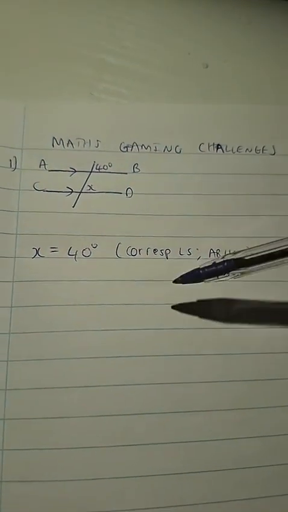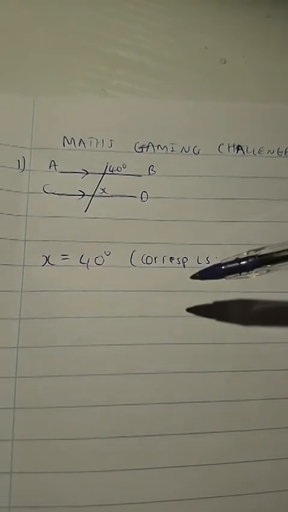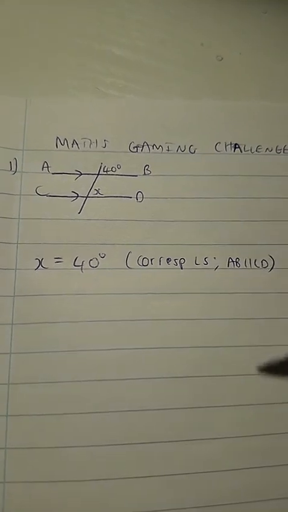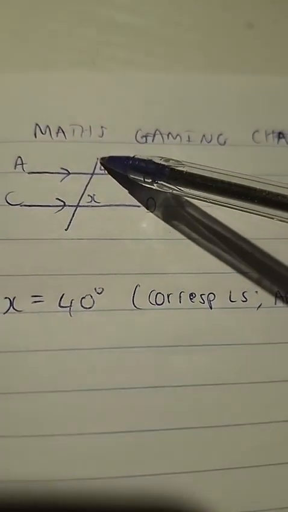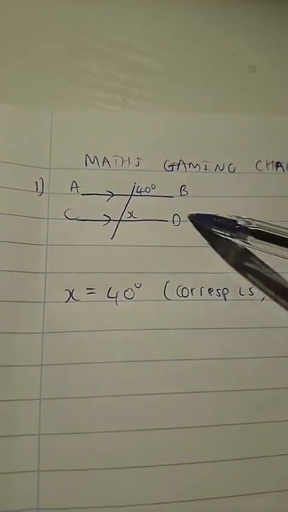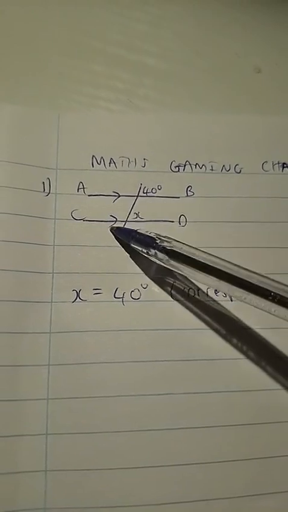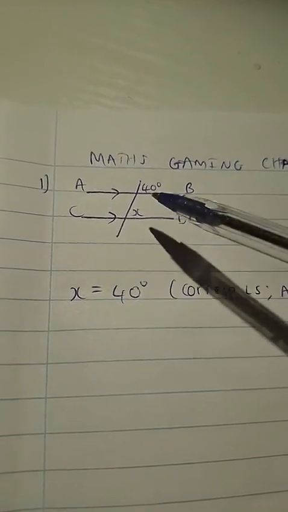Guys, please take note. Abenati, I see what you said. So yes, guys, if we look at the diagram, there is AB, there is CD. These 2 lines are parallel as the symbols suggest.